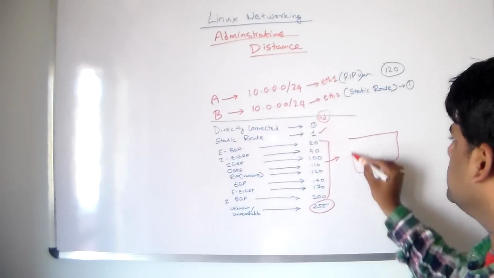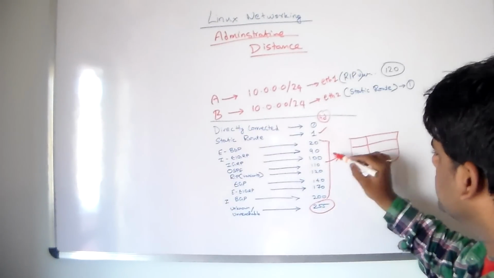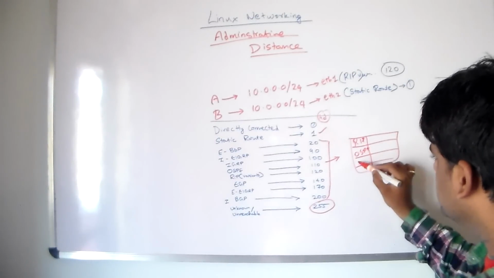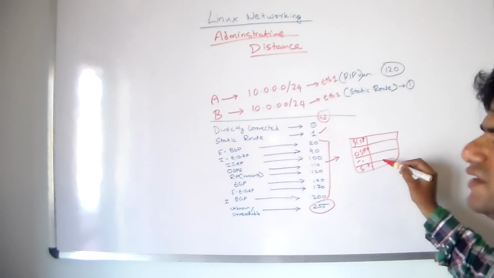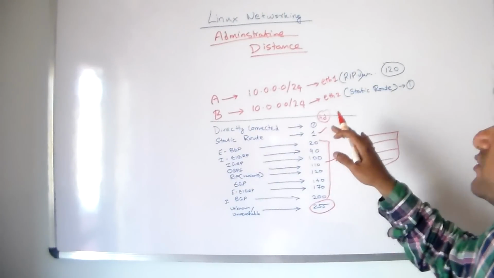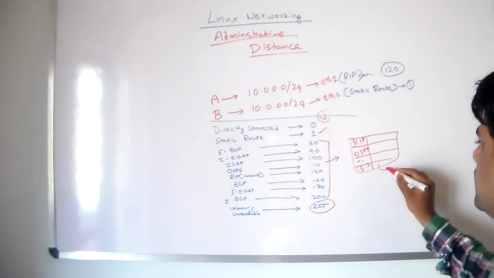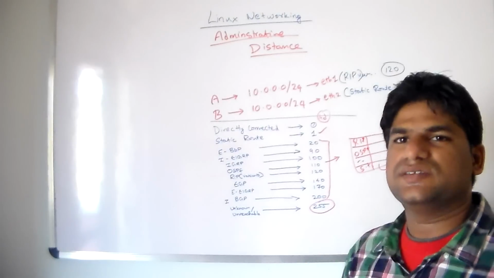If you have a routing table with n number of entries, and some could be RIP, some could be OSPF and so on, and there is a static route with an identical destination, as I explained before, the static route carries more weightage in terms of taking packet routing decisions.